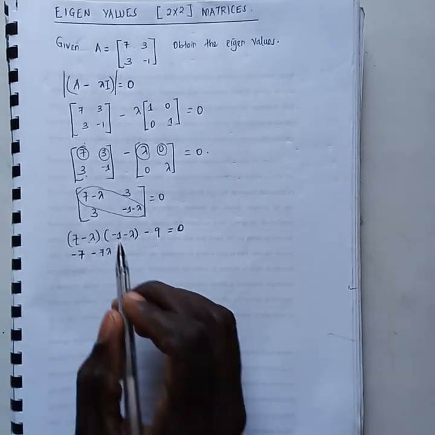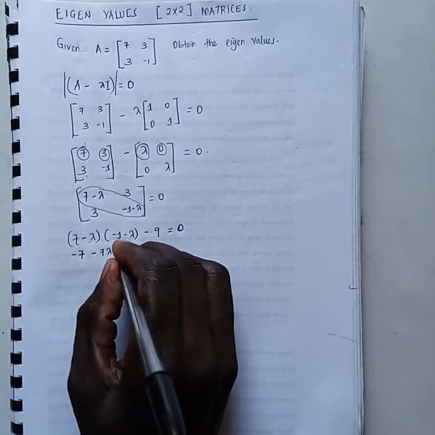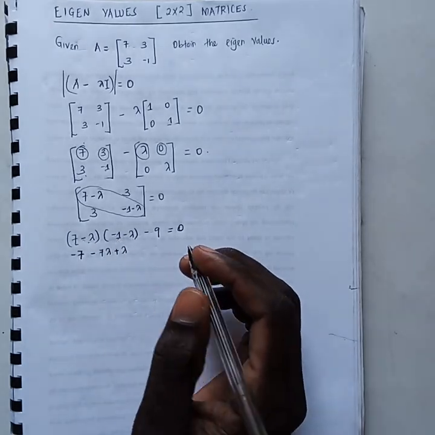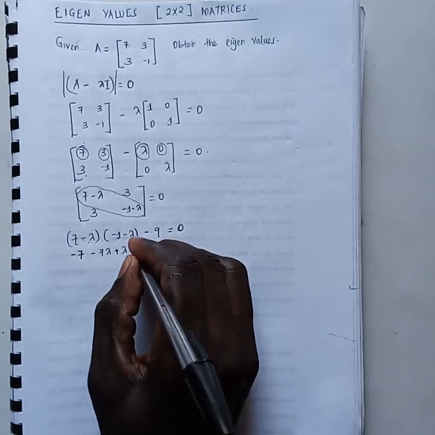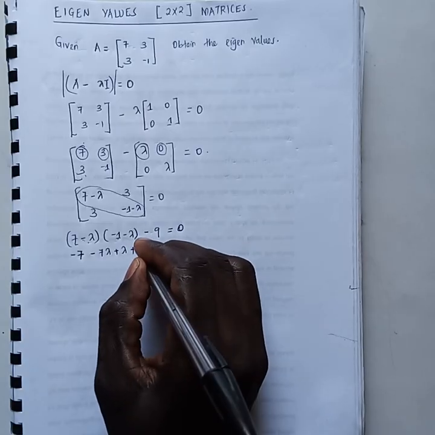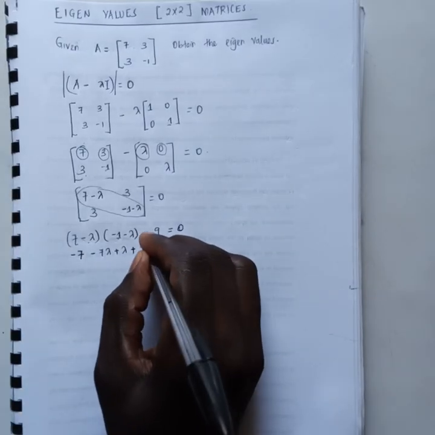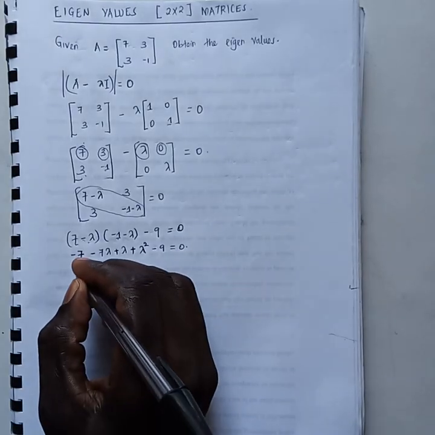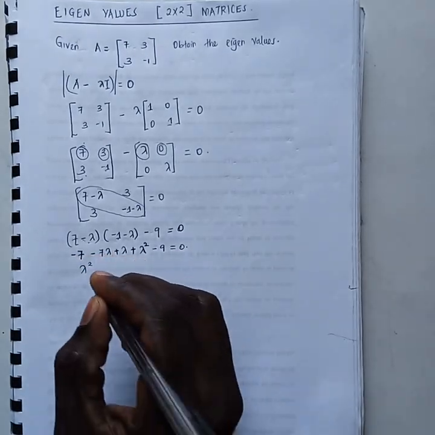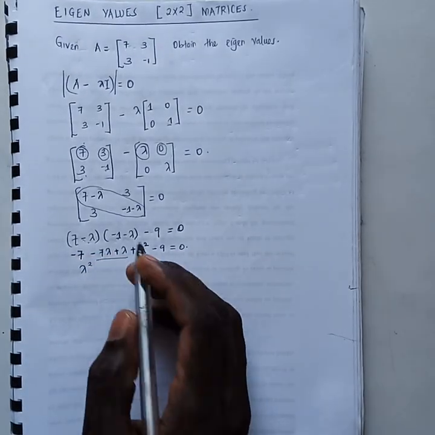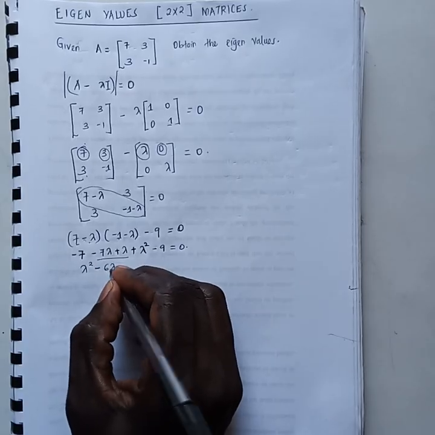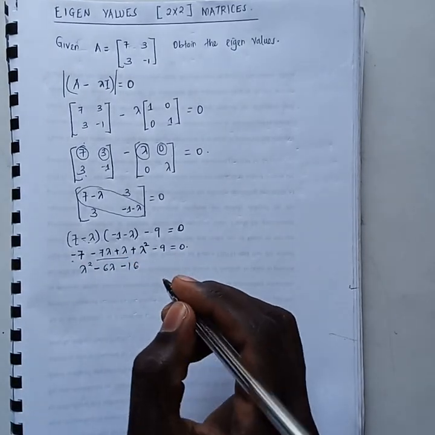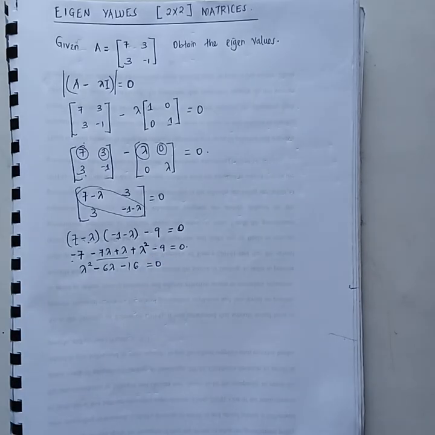Negative lambda multiplied by negative 1, it is plus lambda, because negative times negative is a positive, and again lambda times minus lambda is now negative lambda squared. Subtracting 9 should be giving us 0. So we'll be having lambda squared. So these are like terms. So you'll be having minus 6 lambda. Then minus 7 minus 9 is minus 16. Should be giving us a 0.